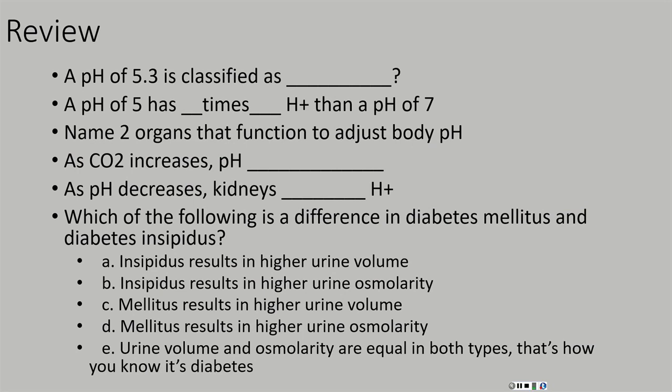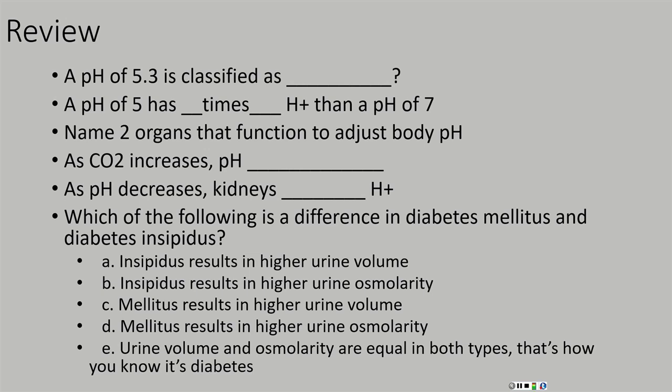A pH of 5 has blank times blank H plus than a pH of 7. Here, that first blank is going to be a number. That second blank is going to be more or less. A pH of 5 has how many times more H plus than 7?